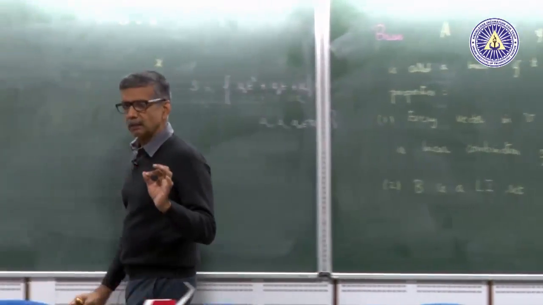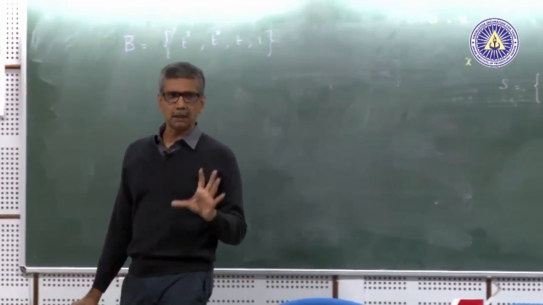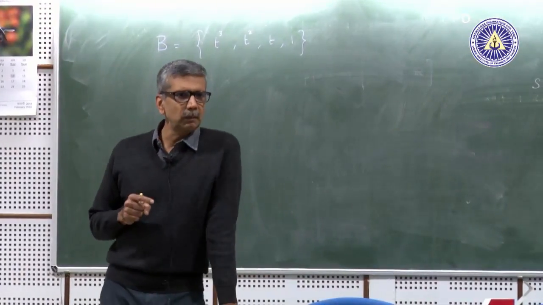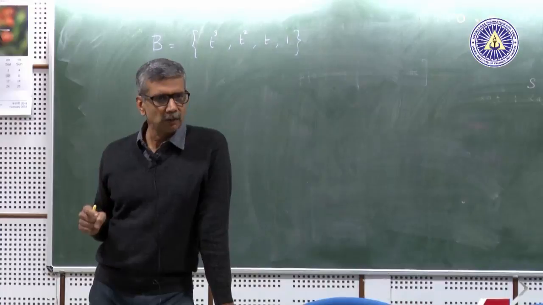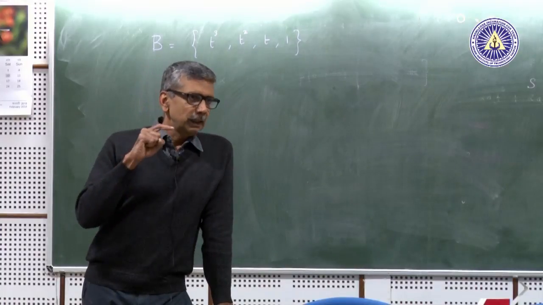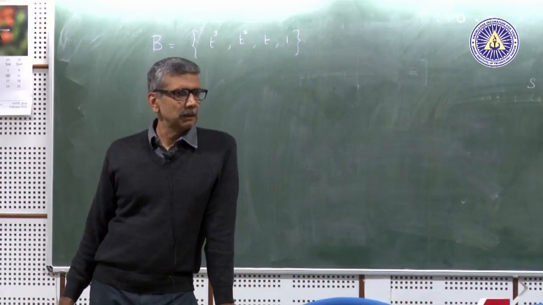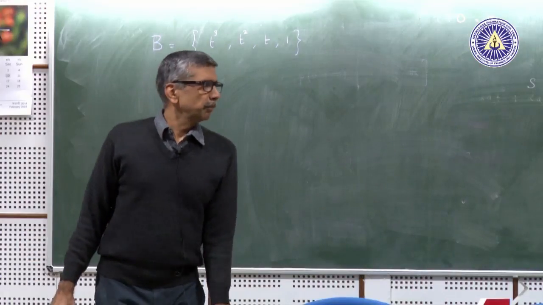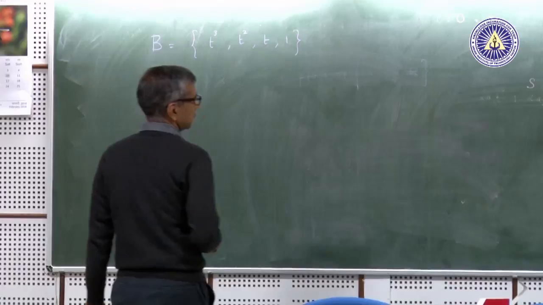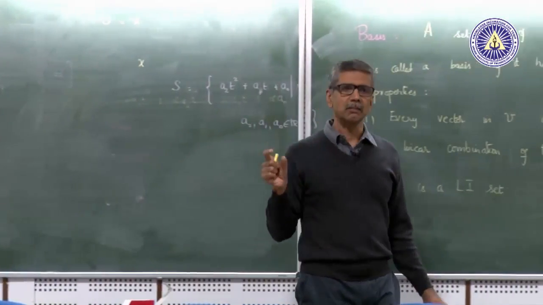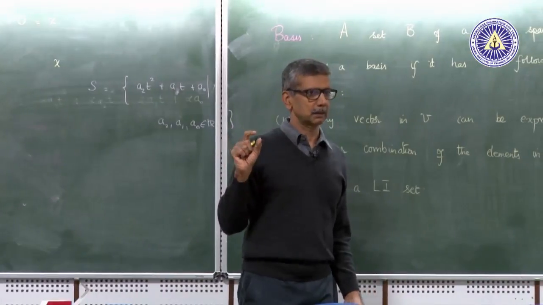A basis for a vector space is not unique. The number of elements in any basis of a vector space is unique and is called the dimension of the vector space, right. Therefore, the vector space of continuous functions over the interval 0, 1 was an infinite dimensional vector space.